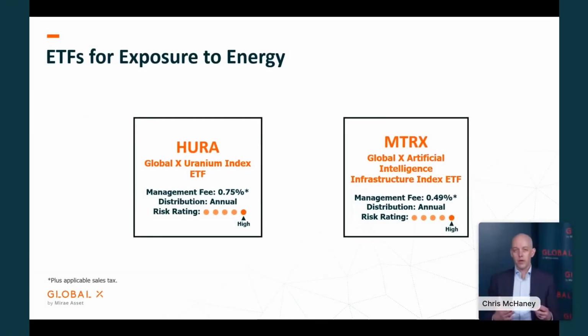For ways to explore this particular opportunity in uranium and nuclear specifically, we offer two different ETFs that investors could consider. The first, the HURA is the ticker, the Global X Uranium Index ETF. This ETF offers about 12% exposure to physical uranium, so it's to the price of uranium itself, about 12%, and the rest of the portfolio made up of uranium miners and uranium producers.